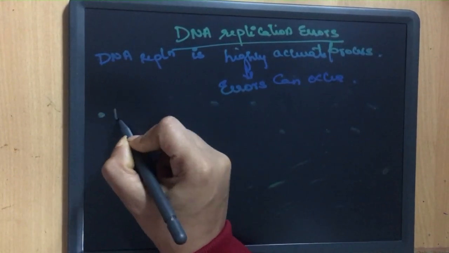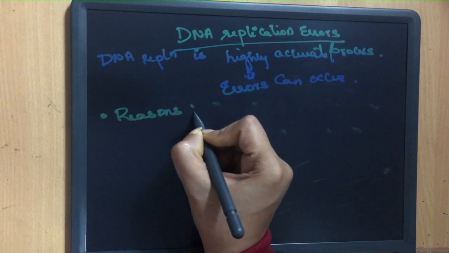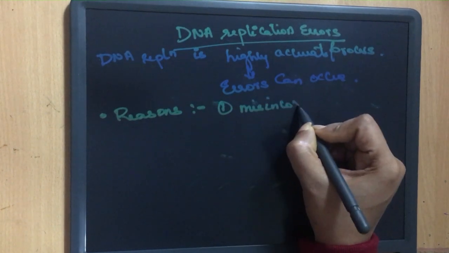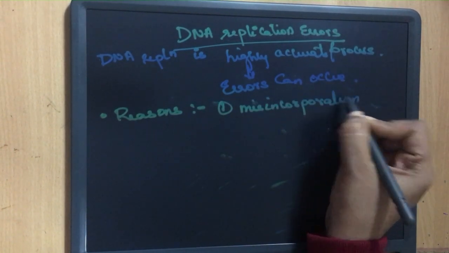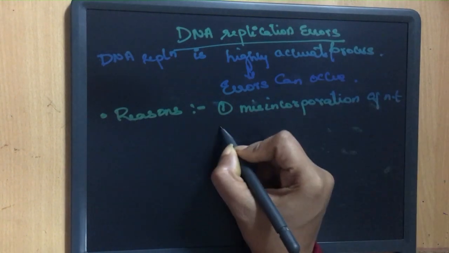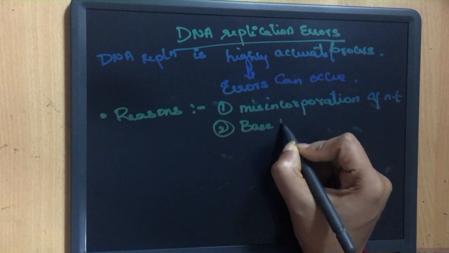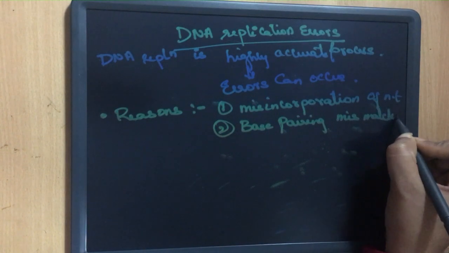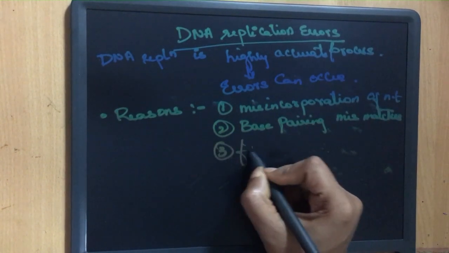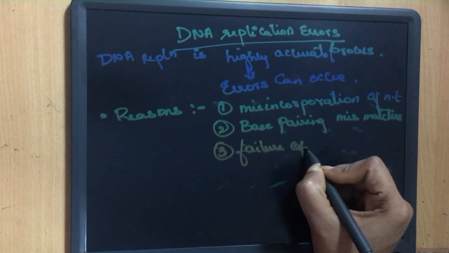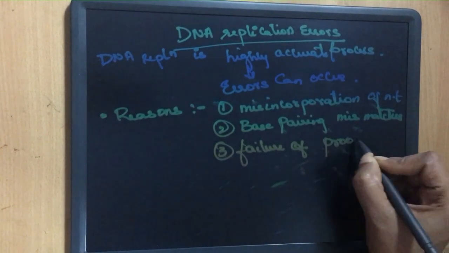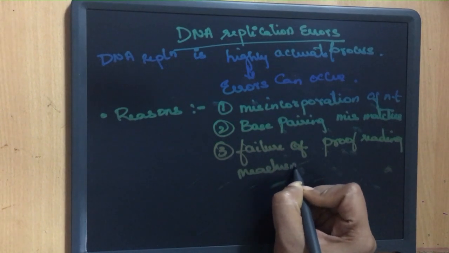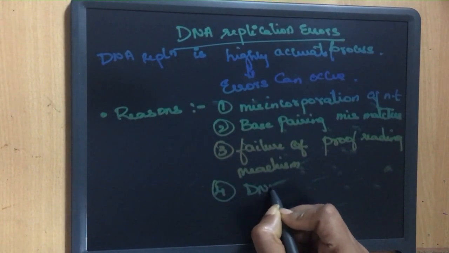These errors are caused because of various reasons like misincorporation of nucleotides, second is base pairing mismatches, third is failure of proofreading mechanisms, fourth is DNA slippage.